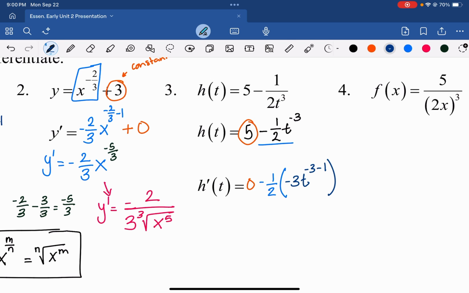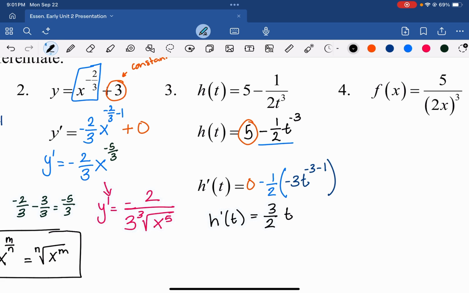Okay, now I can simplify. So my h prime of t is going to be 0 minus, I think, is just make it negative, right? So I have a negative 1/2 times a negative 3. So that's going to give me a positive 3/2. And then I've got t to the negative 3 minus 1.